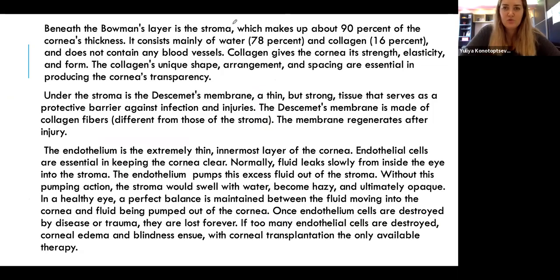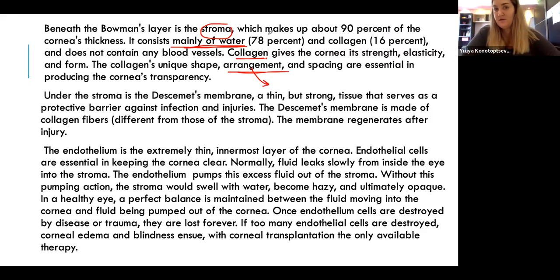I want to get your attention to here. The stroma, the third layer of the cornea, is the thickest part of the cornea, and it consists mainly of water. So it's very watery. The collagen type 1 located in the stroma is arranged very, very parallel to each other.